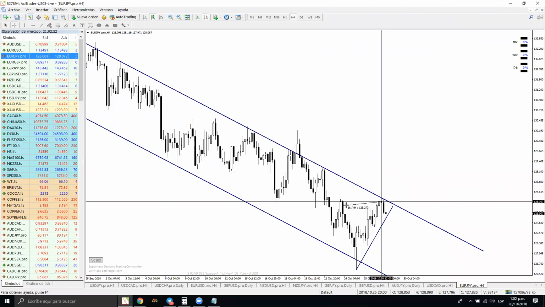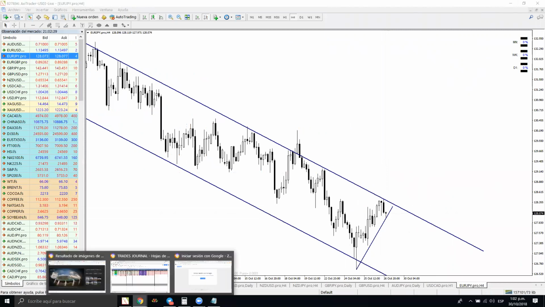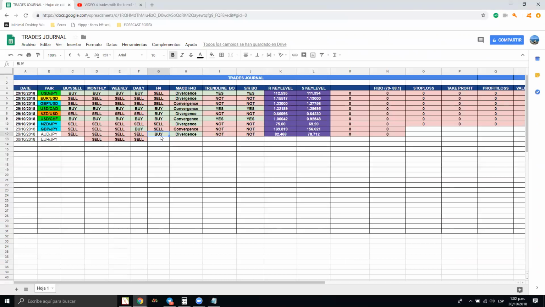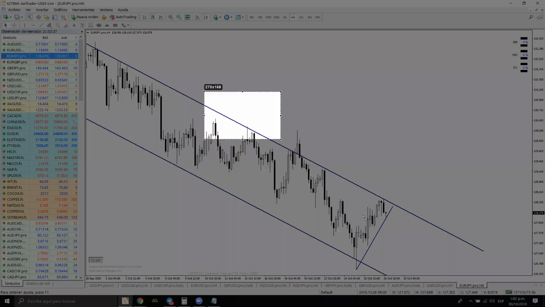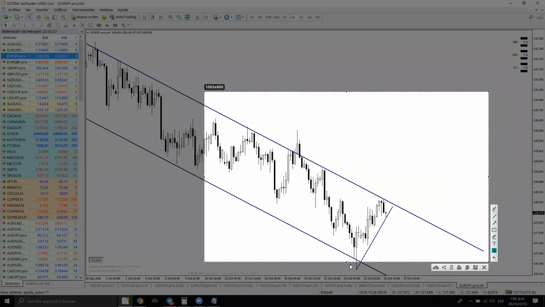Not yet. It's only safe to enter because in the little time frame, let's go into the journal. The market is bullish in H4. Okay, it is bullish. Why is it bullish? Higher high, higher low, higher high, higher low. The market is rising up in a downtrend. So this is a pullback.